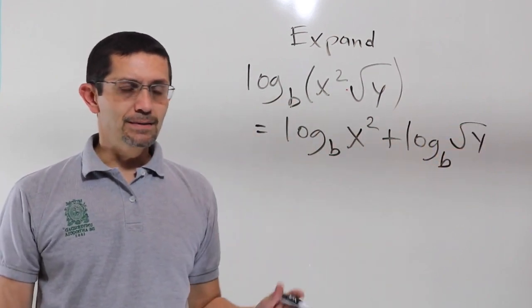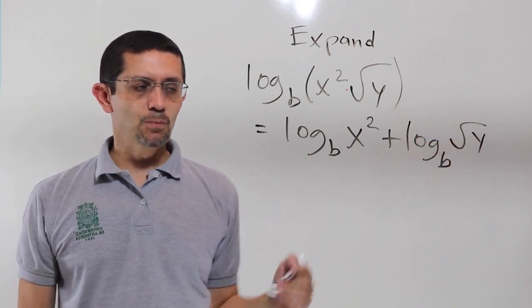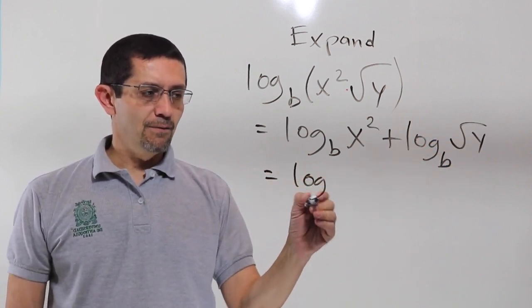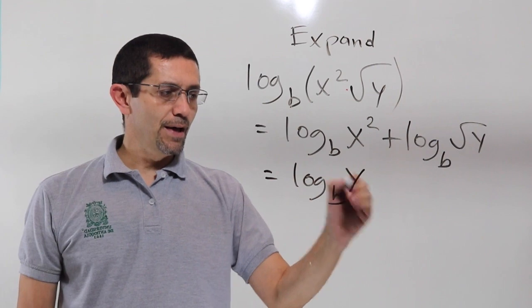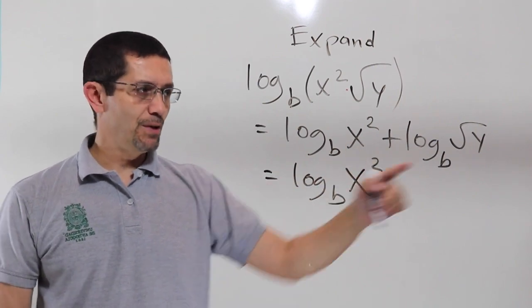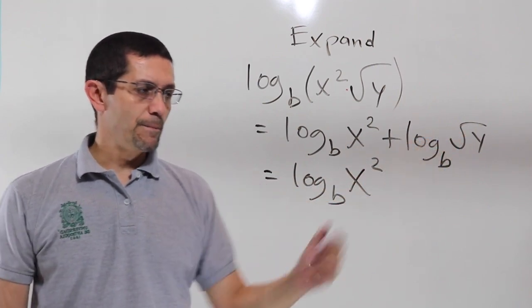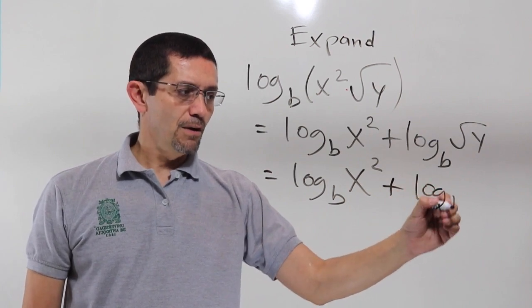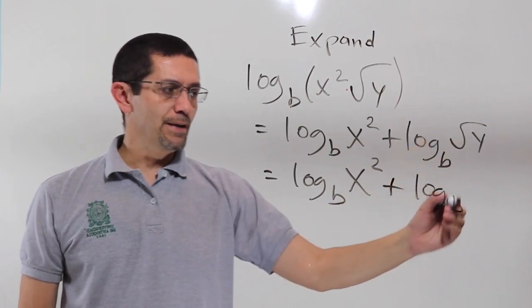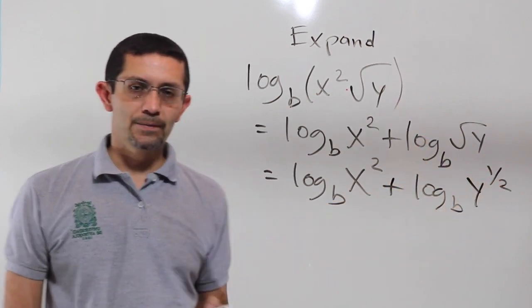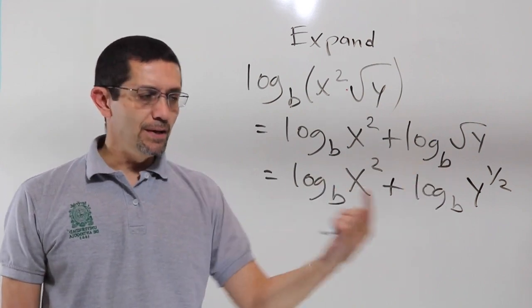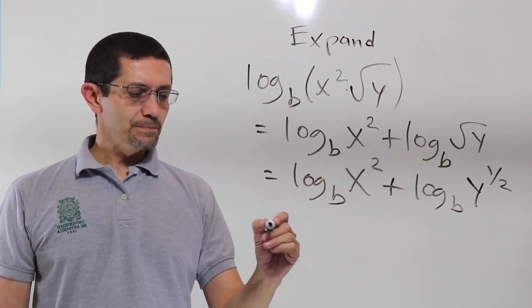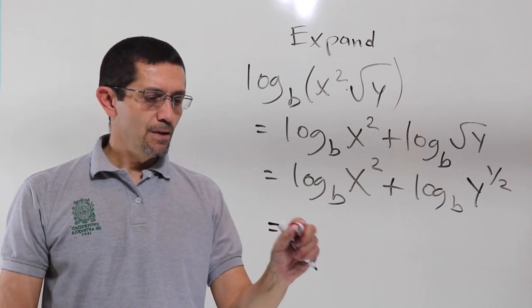Okay, having this, then I've got to work on my exponents. So I have log on base b of x to the second. I haven't turned that because I want to do the square root of y, plus log on base b, and now square root of y is y to the 1/2. Once I have my exponents ready, I turn them in the beginning, and that's going to give me 2.